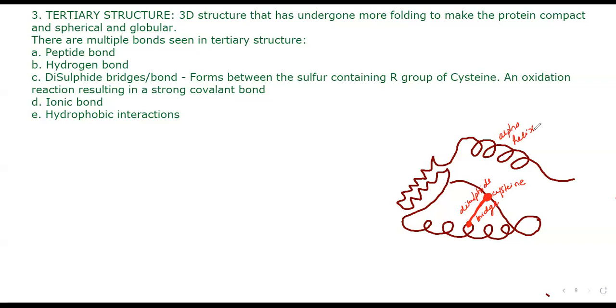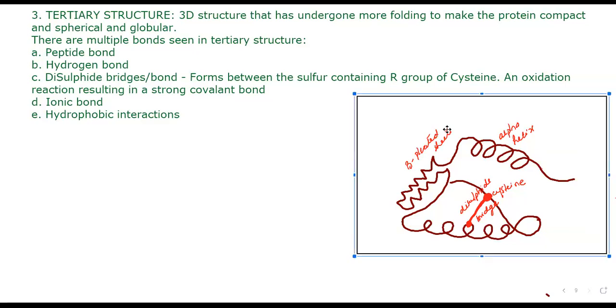When we talk about hydrogen bonds, keep this in mind, hydrogen bonds usually break easily. Meaning that if there is a change in pH or a change in temperature, hydrogen bonds are going to break pretty easily. They're not very strong. So this is what the tertiary structure is going to look like, right?